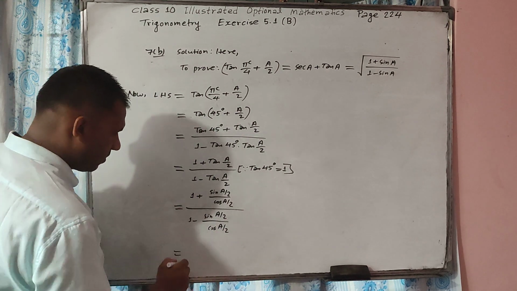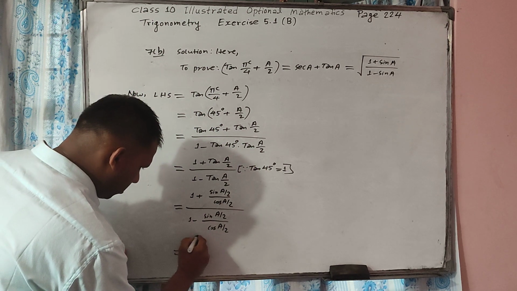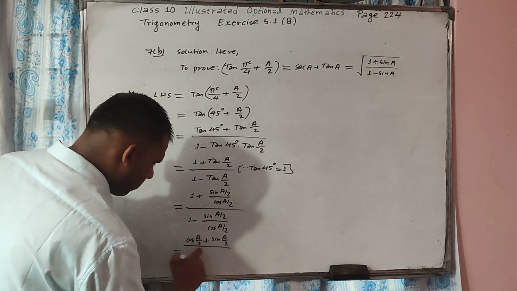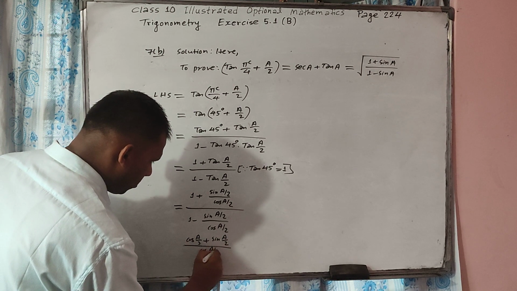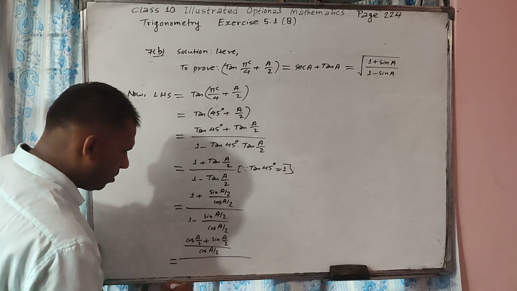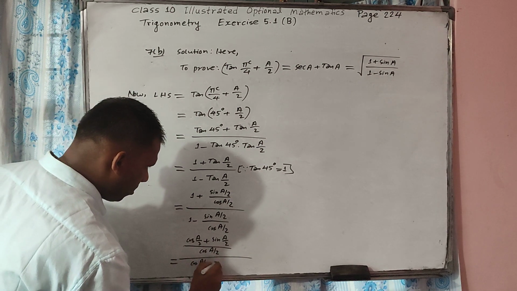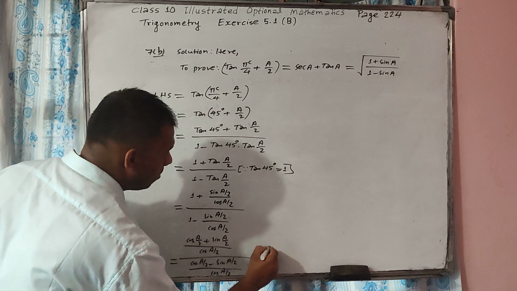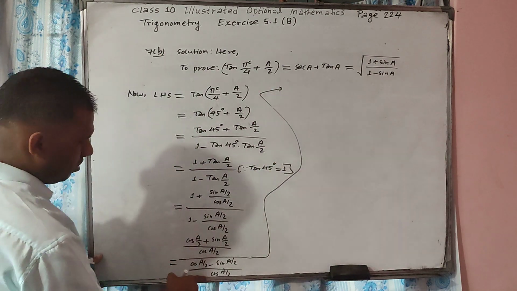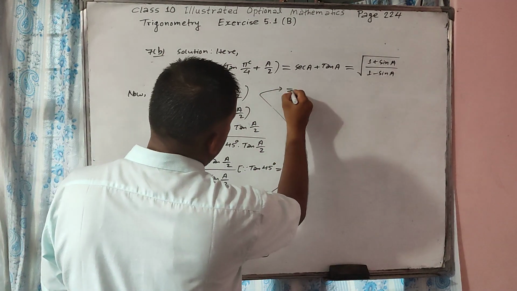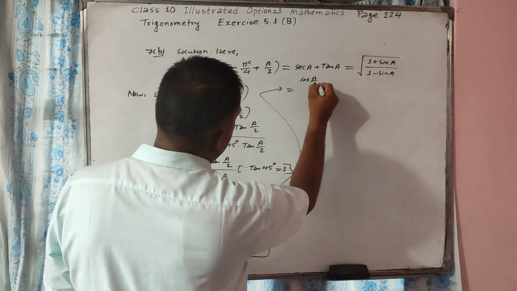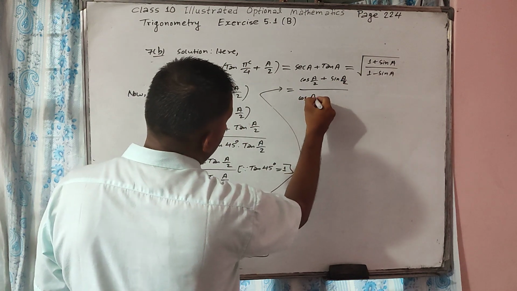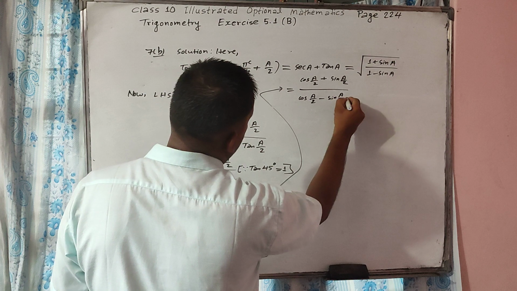This equal to cos(a/2) plus sin(a/2) all upon cos(a/2), all upon cos(a/2) minus sin(a/2) all upon cos(a/2). This denominator cos(a/2) cancel out, remaining cos(a/2) plus sin(a/2) all upon cos(a/2) minus sin(a/2).